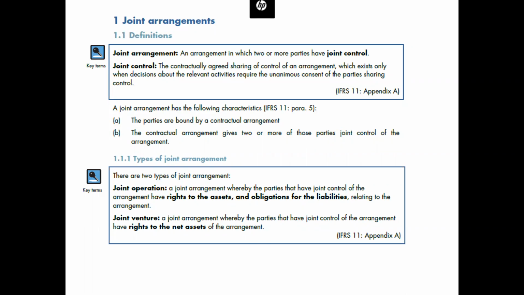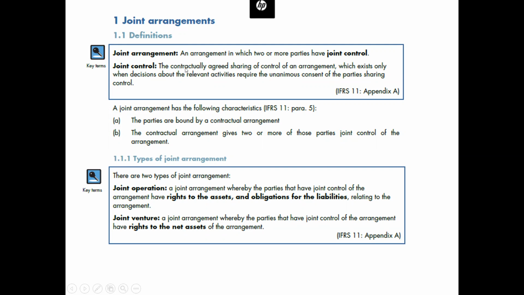So let's change that. Let's now say that there's 3 entities and they have joint control, and I tell you, I have a 40% share and each one of the other 2 entities has a 30% and a 30% share. Now I need to see whether it's control or joint control. And I will tell you that there's joint control.